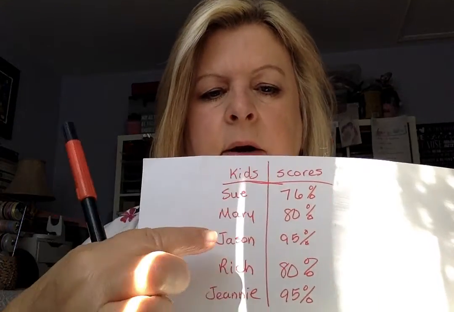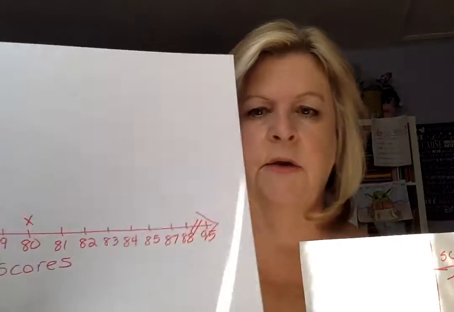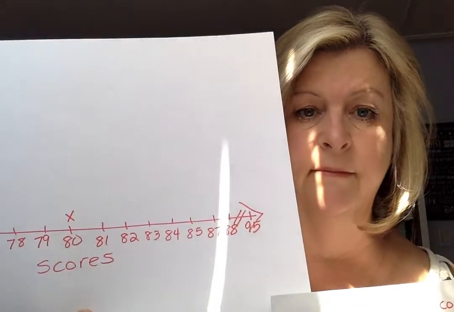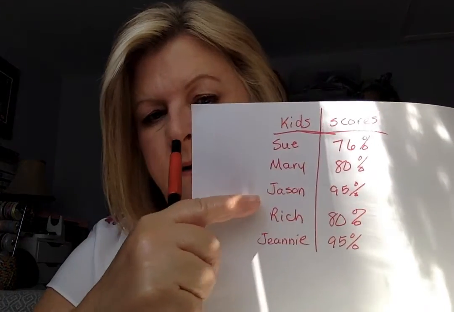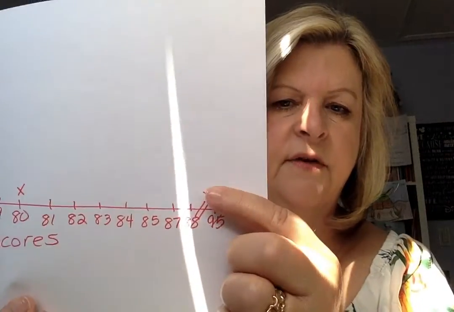Mary got 80, so I put an X above 80 to represent Mary. Jason, 95. So I'm going to my 95 and I'm putting an X above 95.